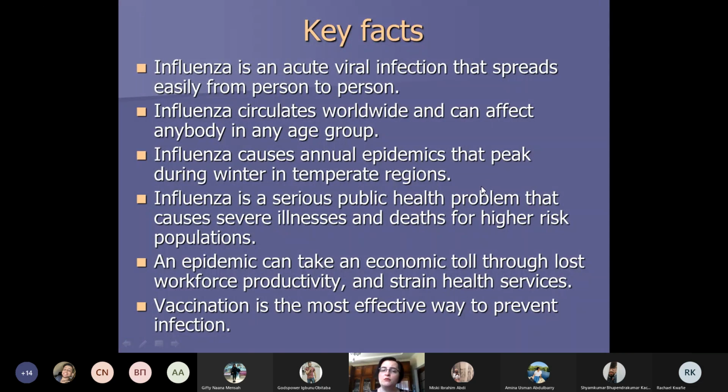Influenza is a serious public health problem that causes severe illnesses and deaths for higher risk populations. An epidemic can take an economic toll through lost workforce productivity and strained health services. Vaccination is the most effective way to prevent infection.